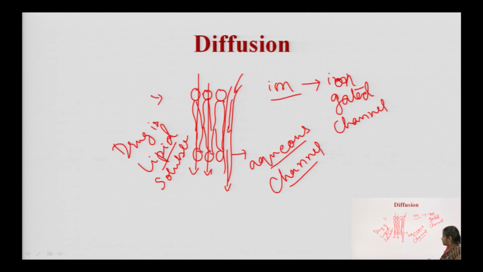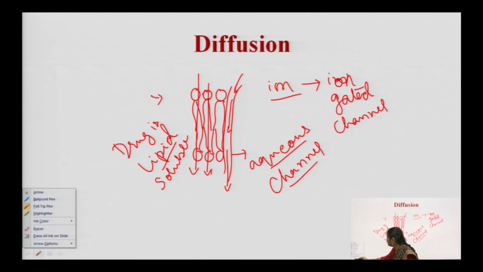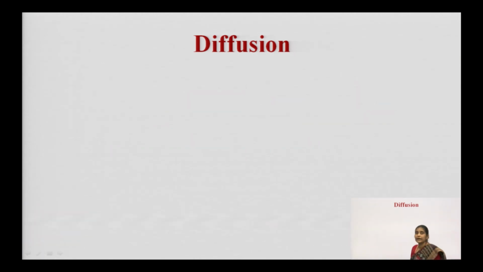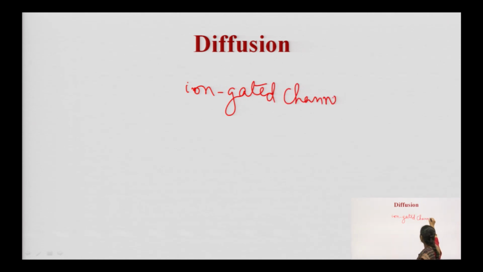So, when we discuss ion gated channels, there are 3 types.